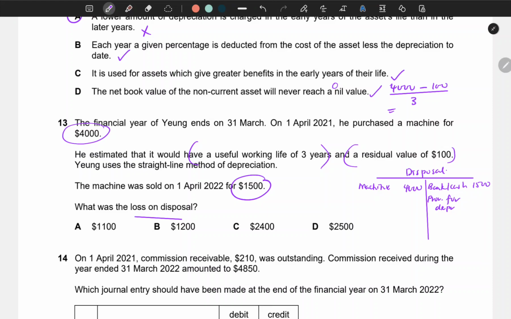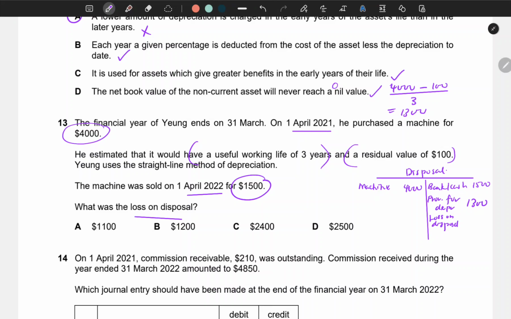So 3,900 divided by 3, each year will depreciate 1,300. Because you sold the machine on 1st April 2022 and bought it on 1st April 2021, it is only 1 year. So the provision for depreciation will be 1,300. As you can see here, debit is more than credit, so that means you will have a loss on disposal.